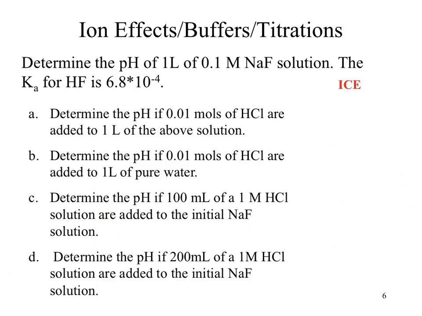Okay? So what we want to go through and do is make it a buffer system. To make it a buffer system, I'm going to have to generate some HF. How can I get HF made? So remember our equation. We had F minus goes to... how can I get some HF in that equilibrium?